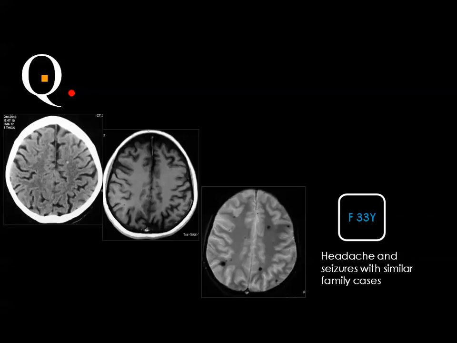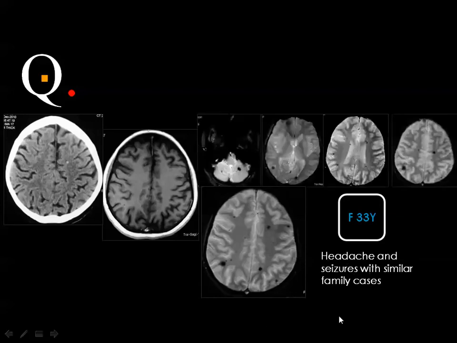If you do not have this very frank history of trauma, look for another diagnosis. This patient is complaining of headache and seizures, which is very important, seizures. Yes, and these are multiple cavernomas. And I have said that a cavernoma may be so small that you see only the hemosiderin ring and you do not see the core of the lesion. I said that.